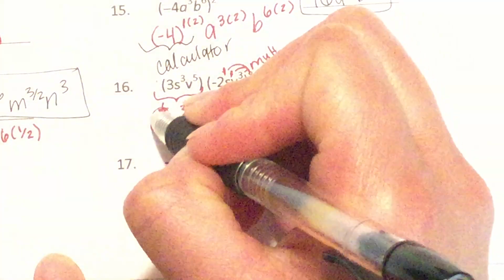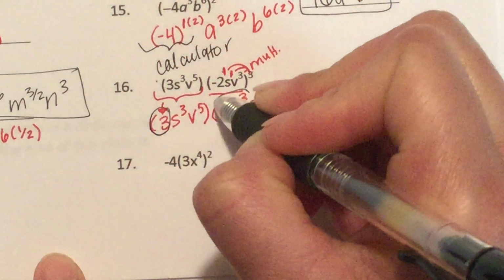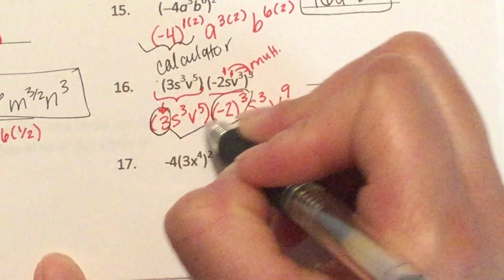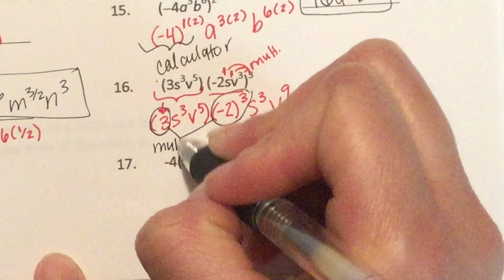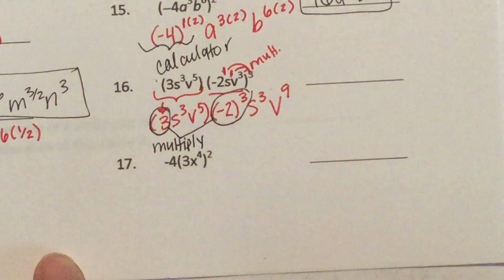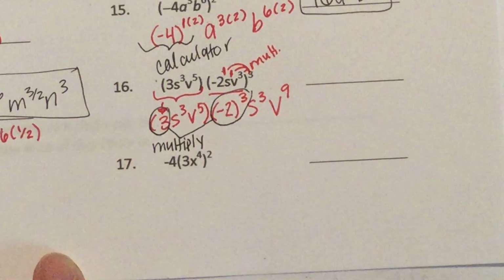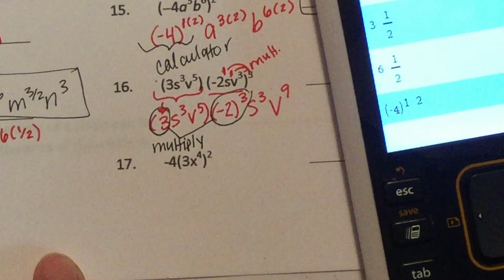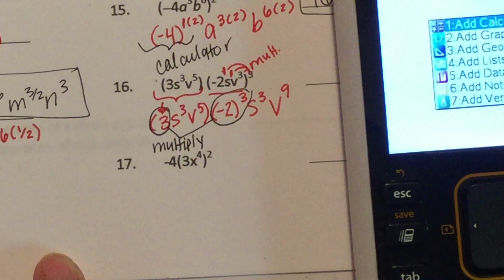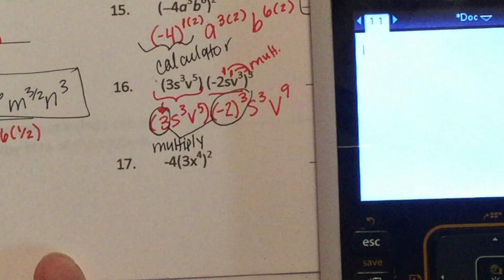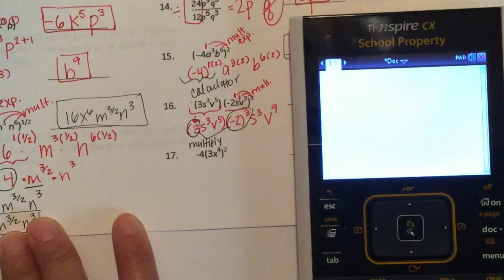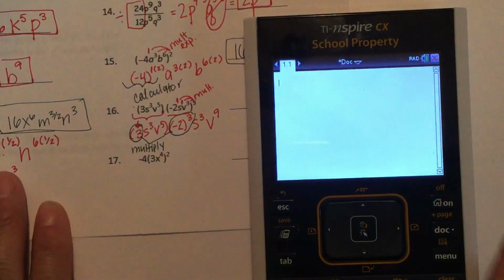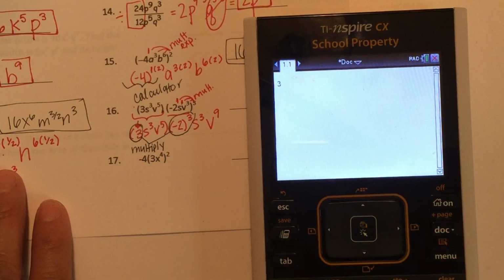So if you have 3 and you have negative 2 cubed, you're going to put those together and multiply them. You can multiply them in steps, or if you know what this is, then just multiply it with 3. You can do this all together. Again, you can take 3 times negative 2, and the exponent is 3.